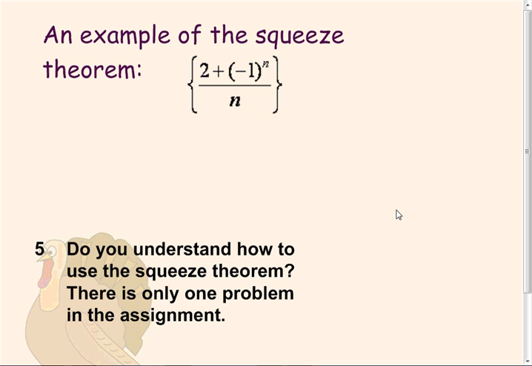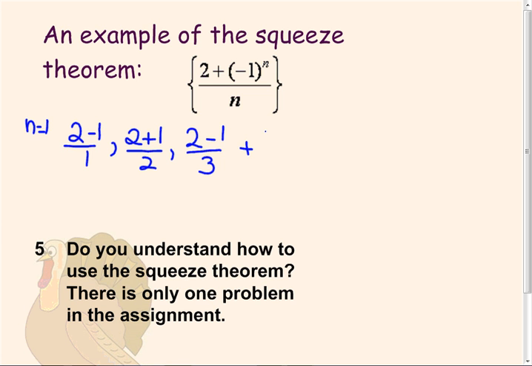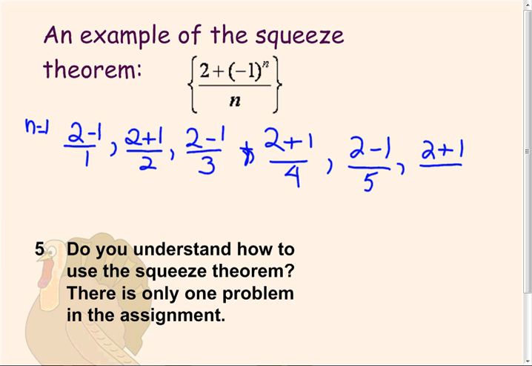What's this going to be? Let's write out some terms. So n is equal to 1. So it's going to be 2 minus 1 over 1. Then it's going to be 2 plus 1 over 2. If I don't know what to do, I'm going to write it out. 2 minus 1 over 3, 2 plus 1 over 4. 2 minus 1 over 5. 2 plus 1 over 6.